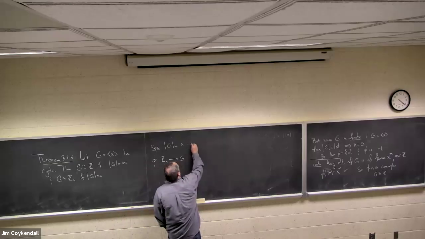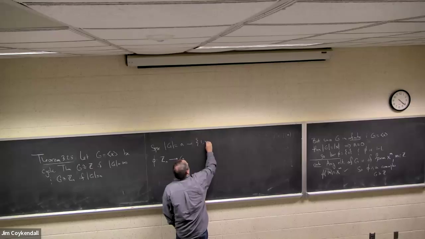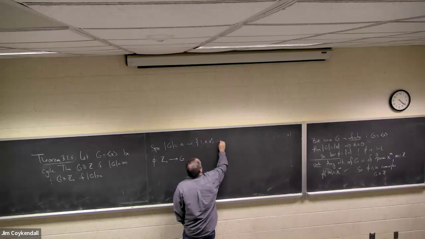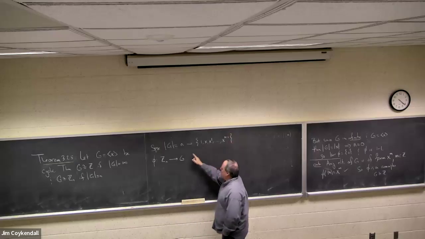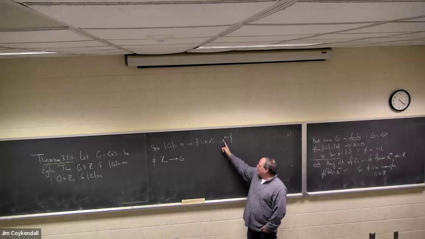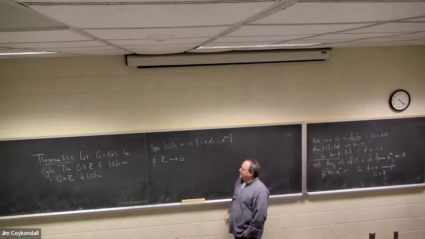In this case, let me point out that, of course, I can list the elements of G. These are the distinct elements of G, and they cycle back. Another power of X gives you X to the N, which is 1.